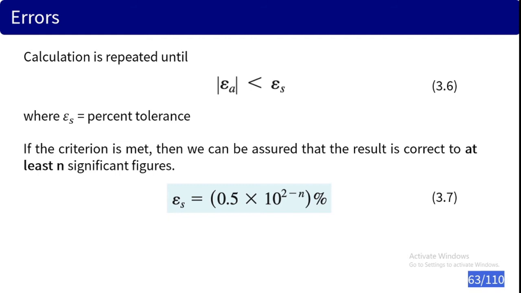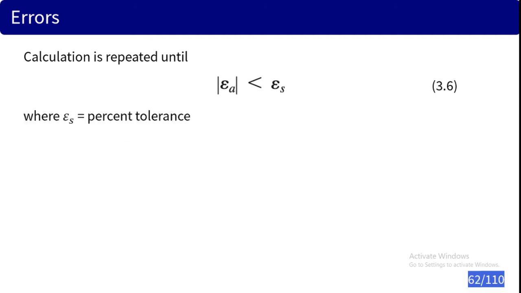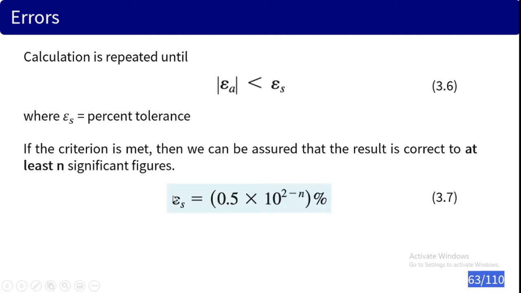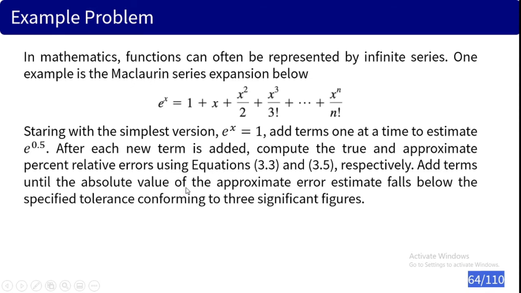For example, if you decide on 4 significant figures as the allowable error, then once that is met, the computation terminates. Okay, so let's proceed with the example problem to illustrate errors.